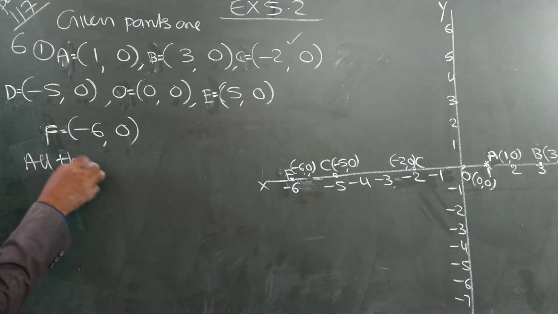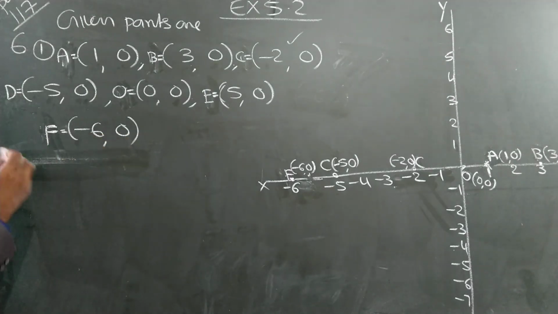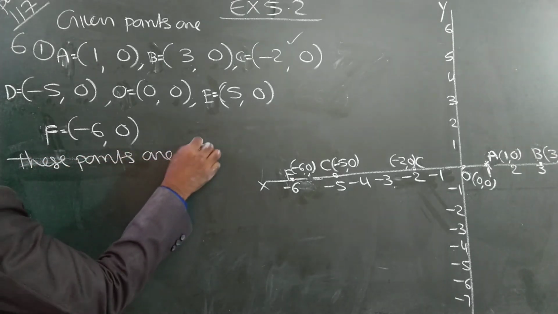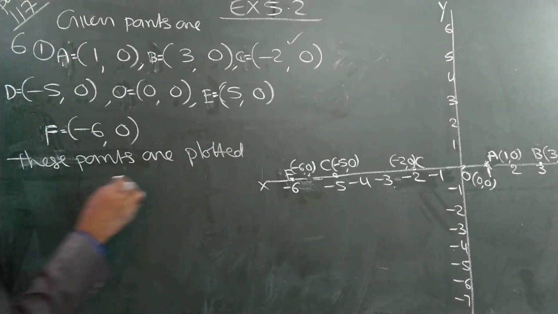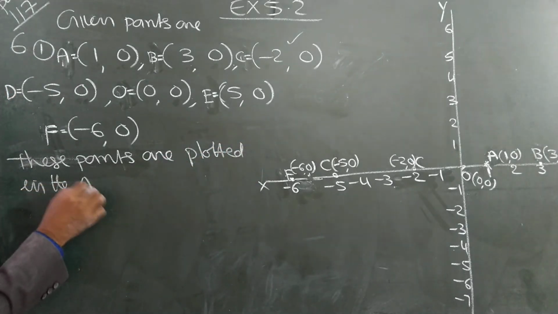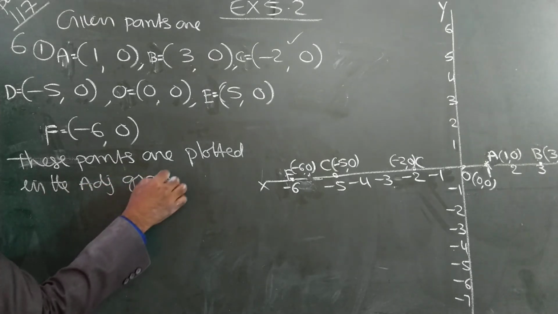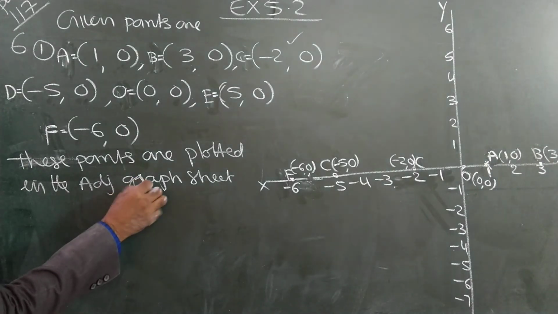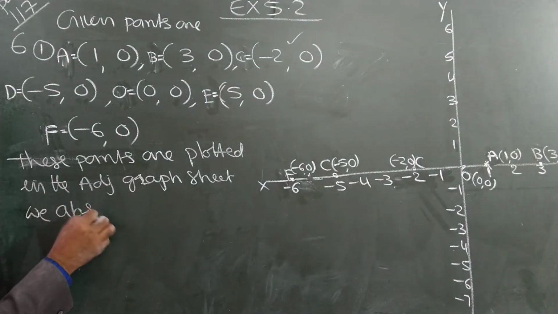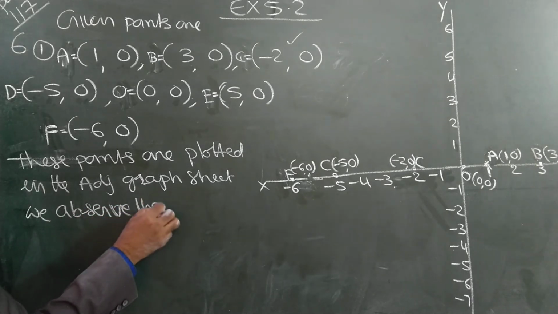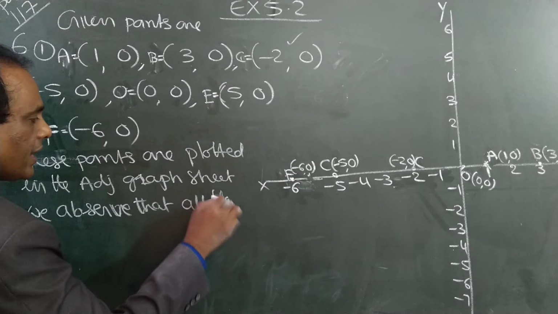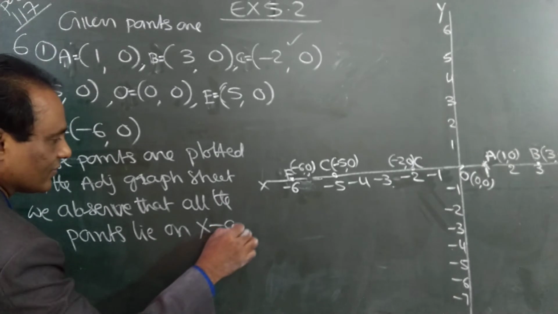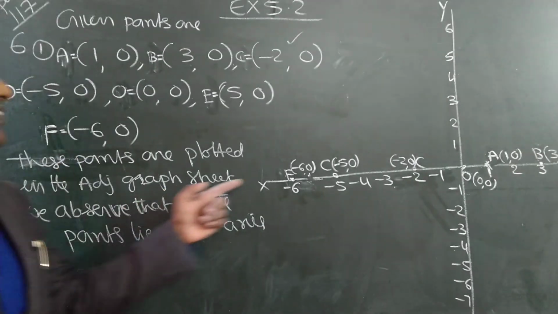Write down: these points are plotted in the adjacent graph sheet. We observe that all the points lie on the x-axis.